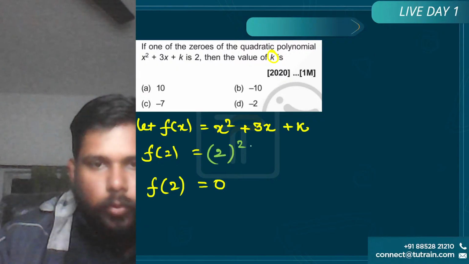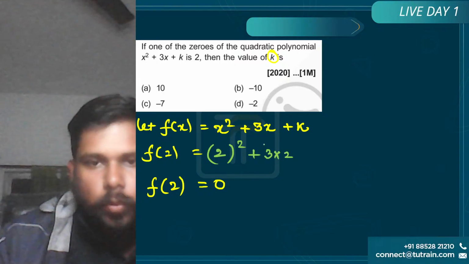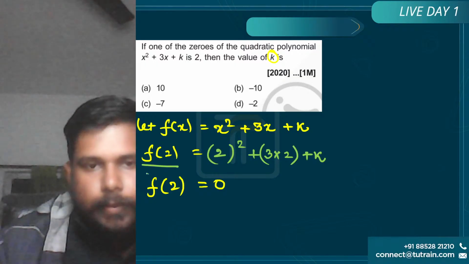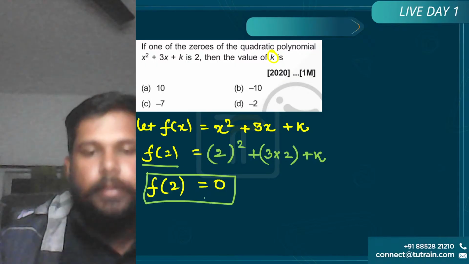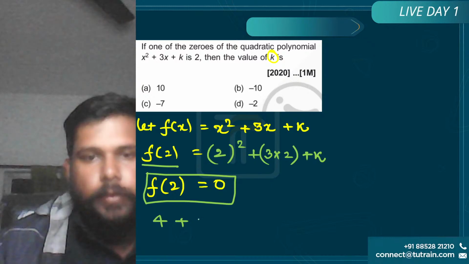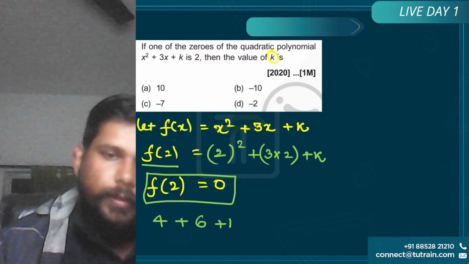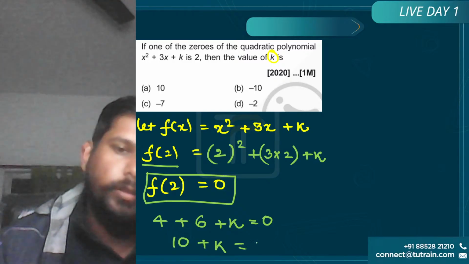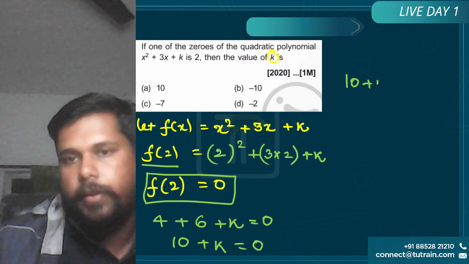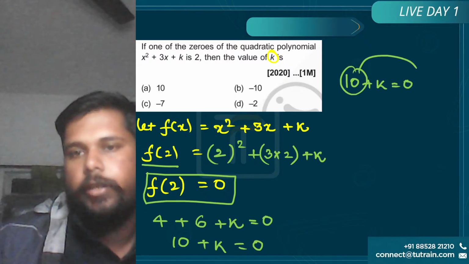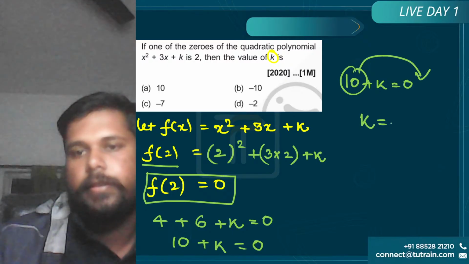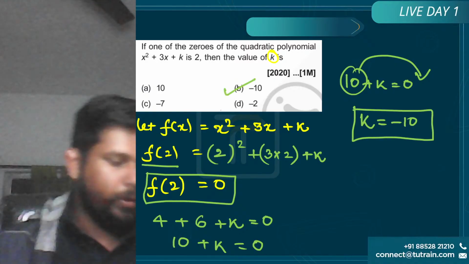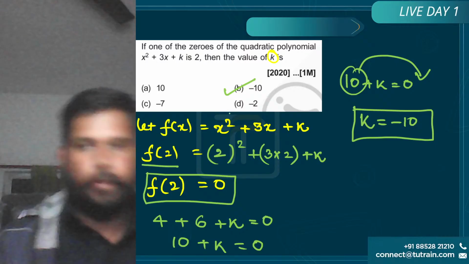It will be 2 square plus 3 times 2 plus k, and this is equal to 0. That means 2 square is 4 plus 2 times 3 is 6 plus k is equal to 0. From here, 10 plus k is equal to 0, and if we transpose this 10 to the RHS, k will be minus 10. So the correct option is option number B. Very good.